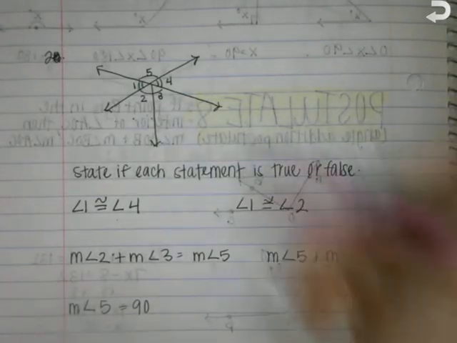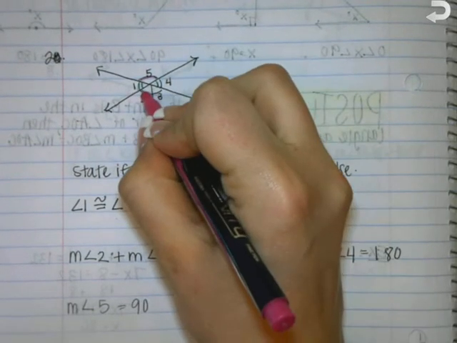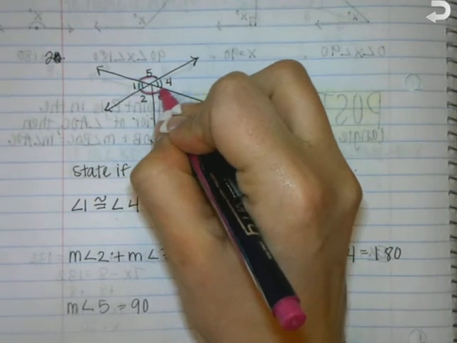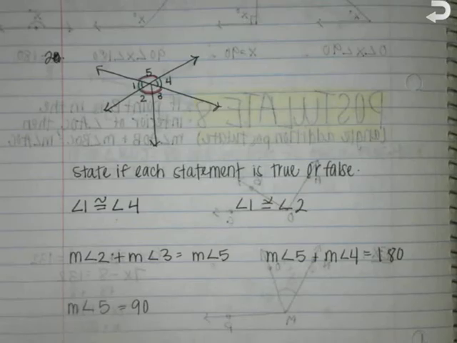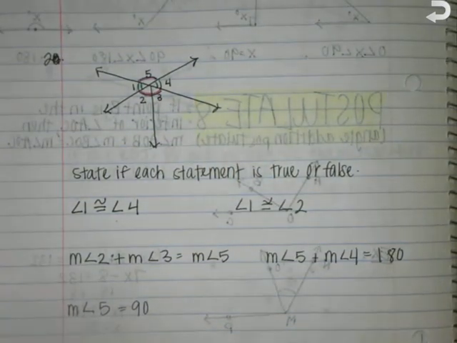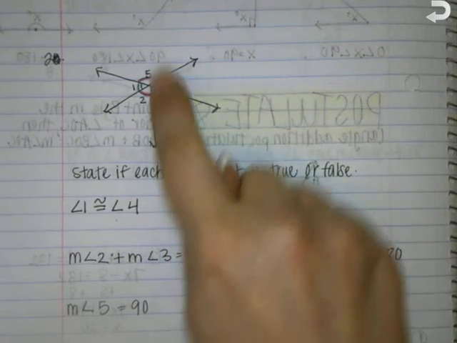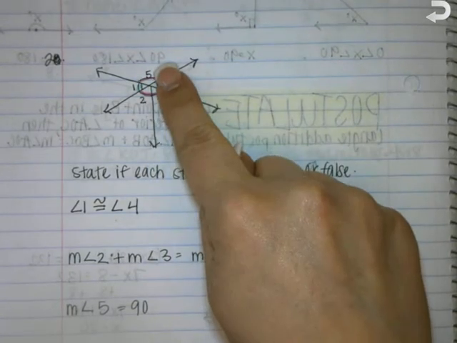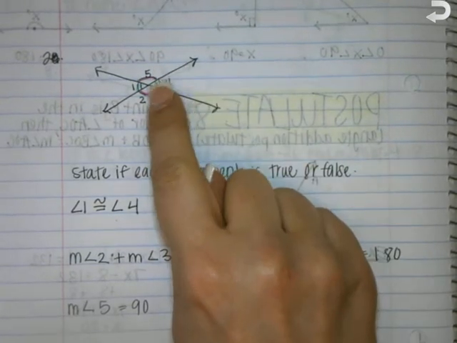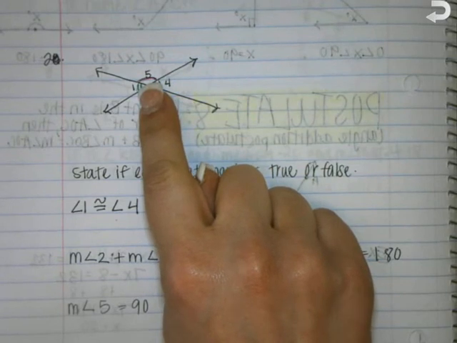Angle 5 has just one arc, and then angle 2 and 3, that arc goes with both of them, okay? So that means that angle 2 and angle 3 together, not necessarily bisected, are congruent to angle 5. Okay, it's not one arc on each one, it's one arc for the whole thing.